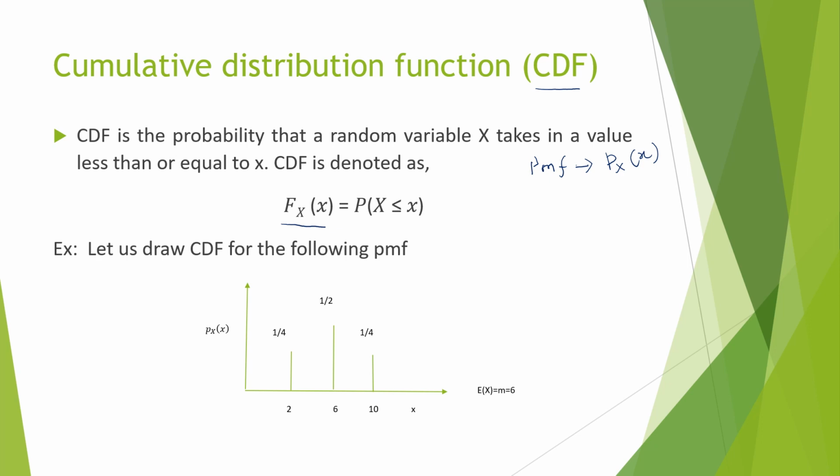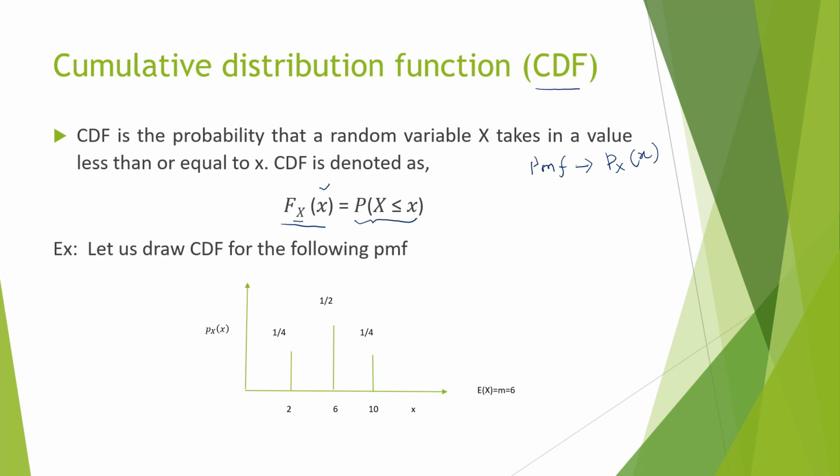The capital X stands for the random variable, and x is the value taken by the random variable. Now the CDF, F_X(x), is defined as the probability of the random variable X taking a value less than or equal to x.